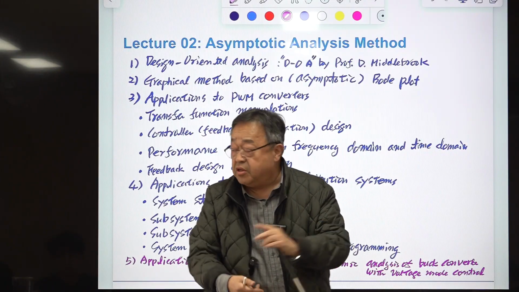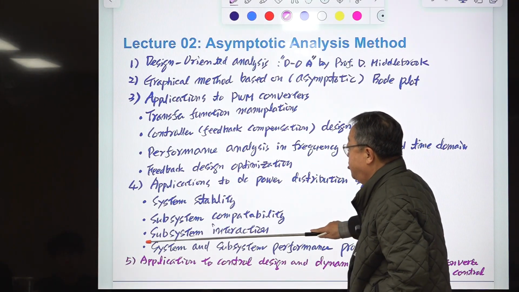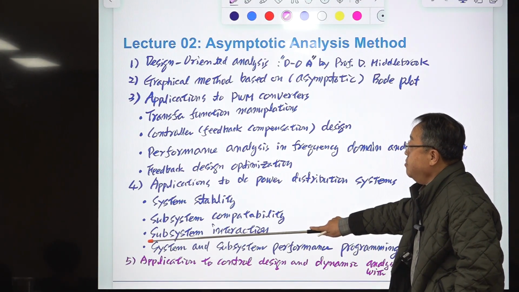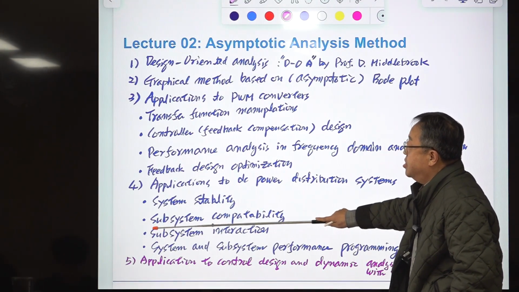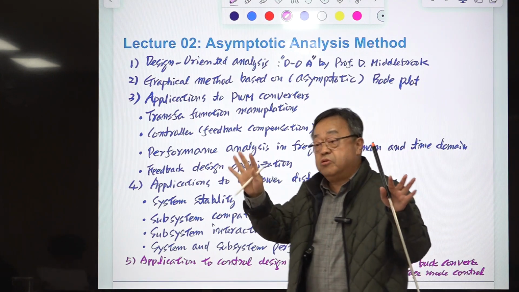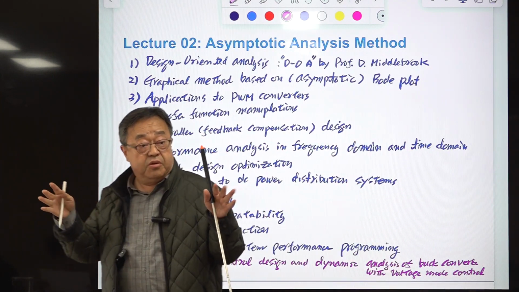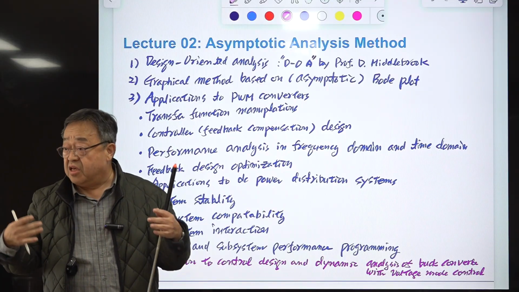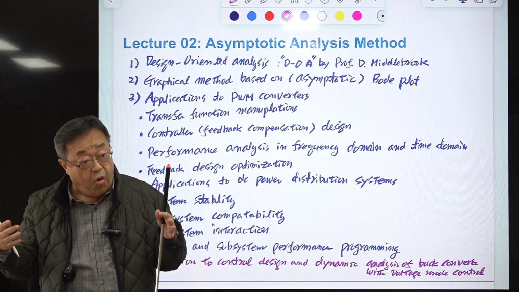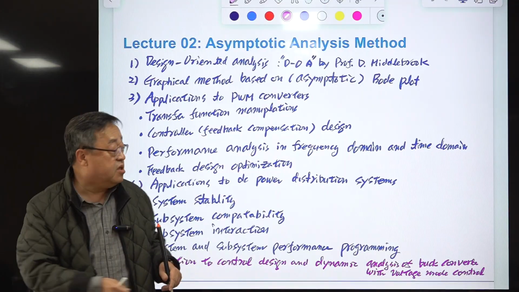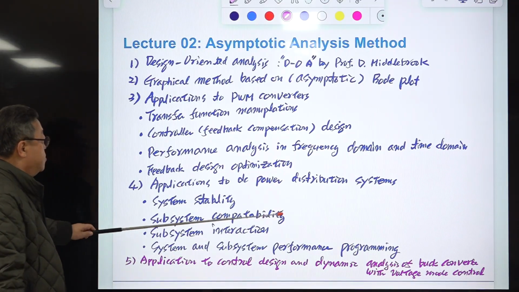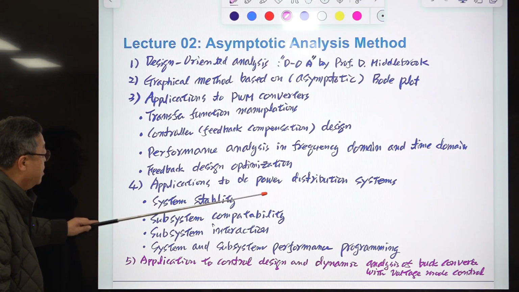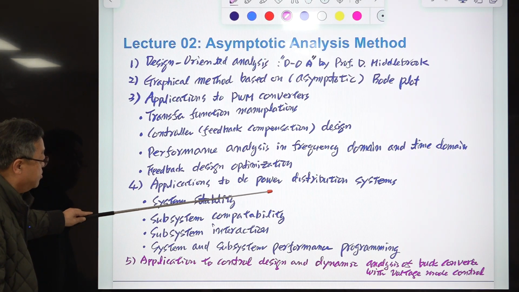That is called subsystem interaction, dynamic interaction between subsystems. Compatibility means that if two subsystems are compatible, there is no interference degrading the performance of the system or the individual subsystems. That is the problem of subsystem compatibility, subsystem interaction, and subsystem stability.